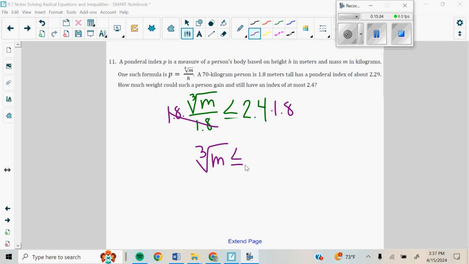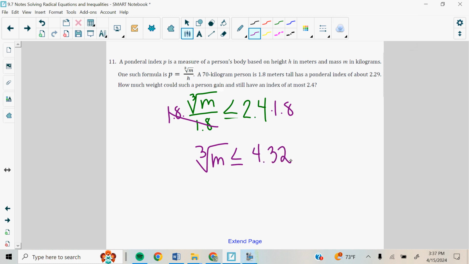All right, so we got 4.32 here, and this is a cube root, so we're going to cube both sides. So grabbing that calculator and cubing both sides, we get m is less than or equal to 80.62 kilograms. But the question says, how much weight could such a person gain?